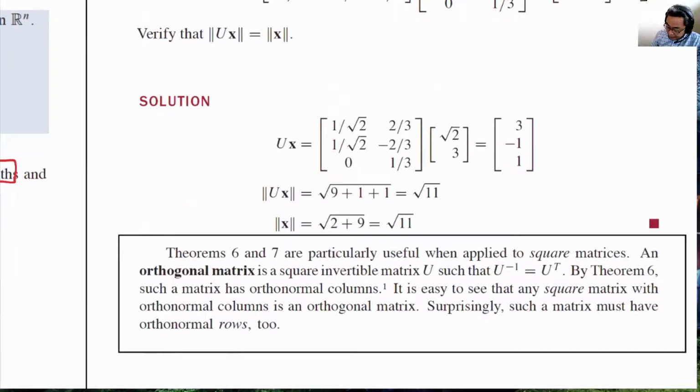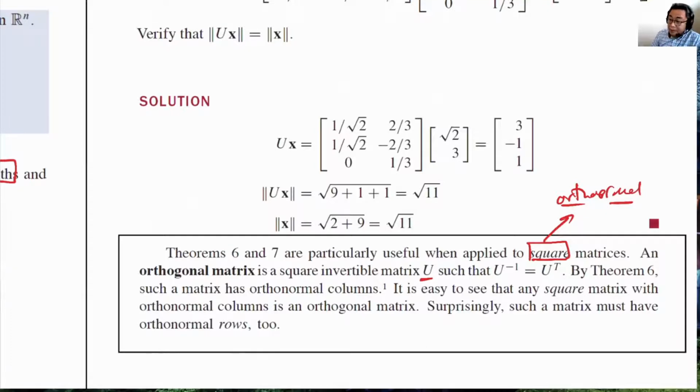Next, we extend the idea of U from a rectangle to the special case when U is a square matrix. That means we have a square matrix and we have orthonormal columns. The columns of the square matrix are orthonormal.